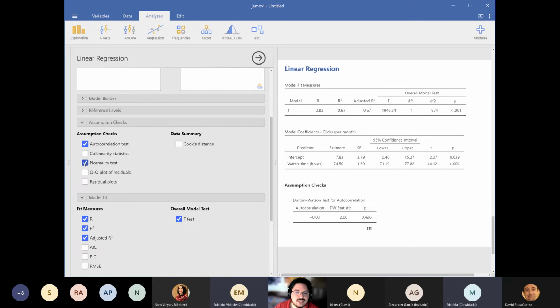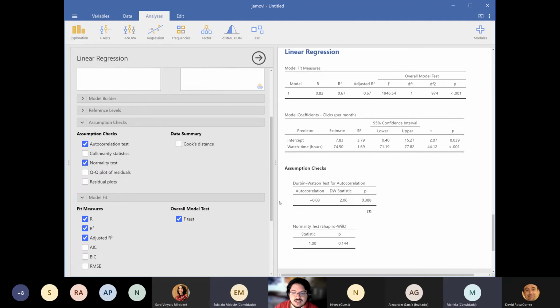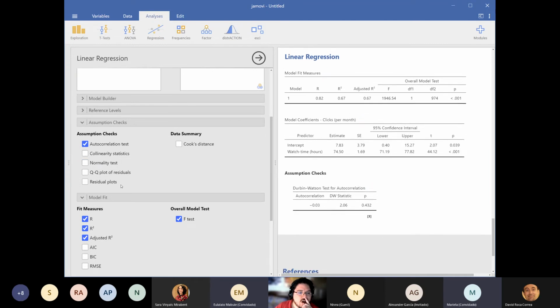Now there is a normality test. The null hypothesis is, sorry, I should explain residuals first.